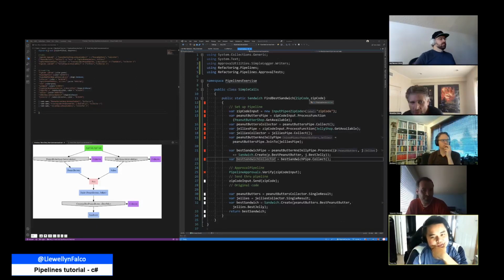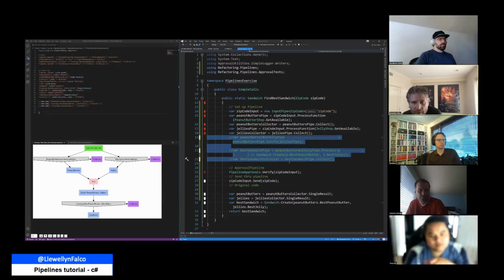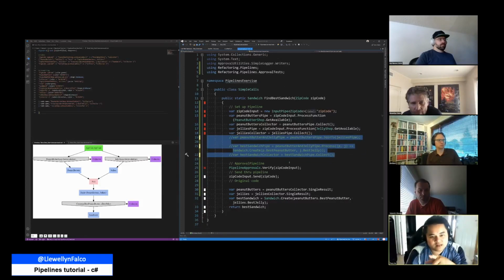What do we get? Let's say if you comment out line 19 all the way to line 22. Line 21 won't compile. I mean, 22. Yeah, from line 19 to 22, then everything still compiles. Oh yeah. Now run it again.